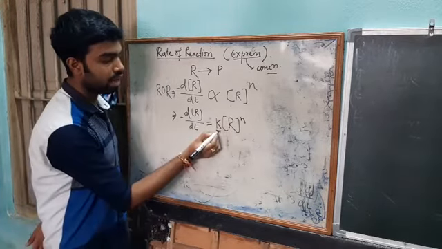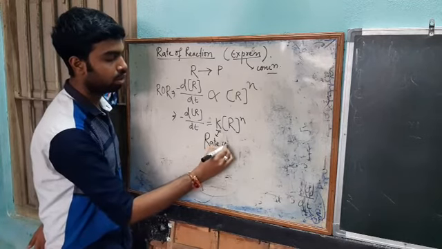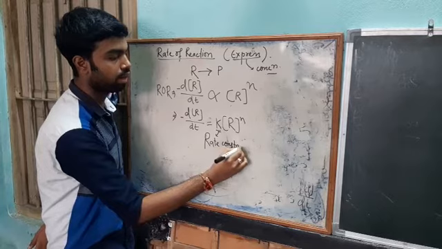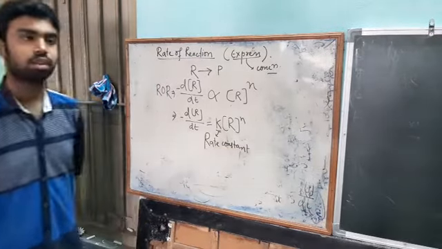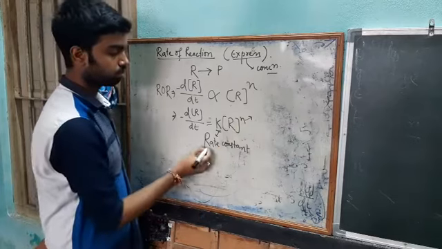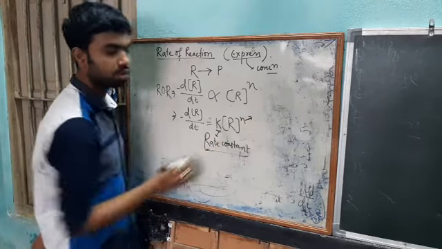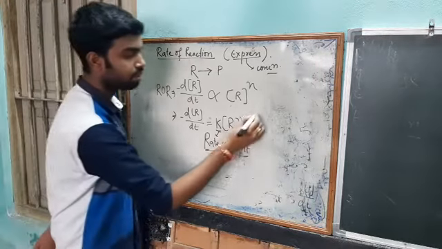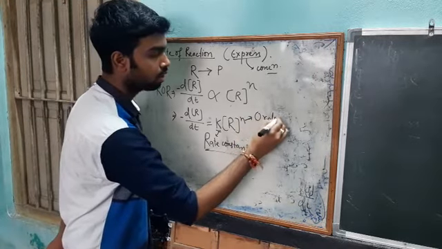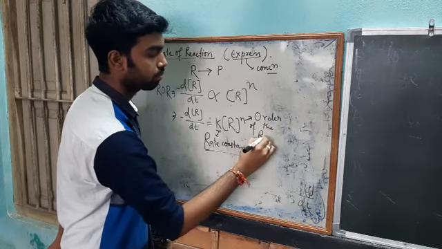Now this k is called rate constant of the reaction, and this n is called order of the reaction.